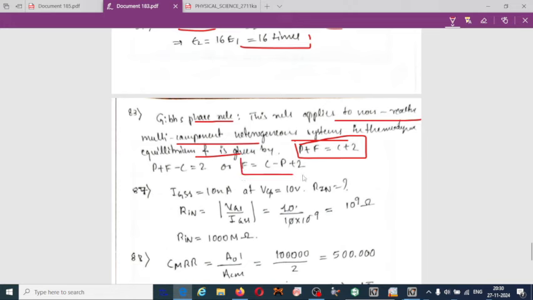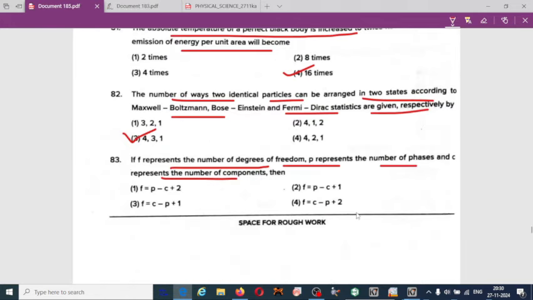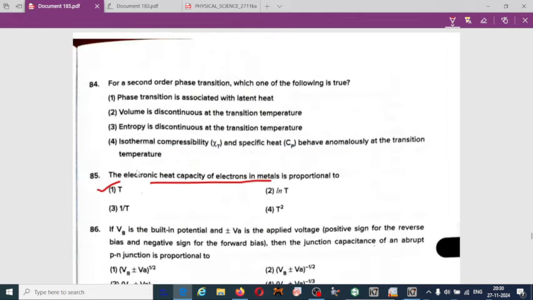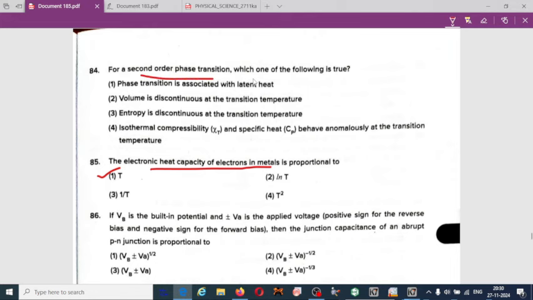So F equal to C minus P plus 2. Option 4 is correct.